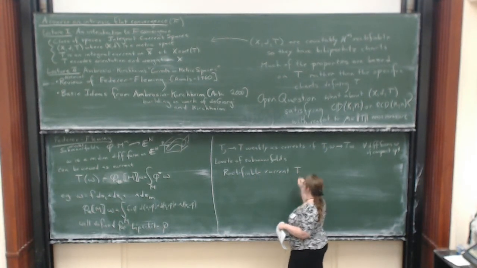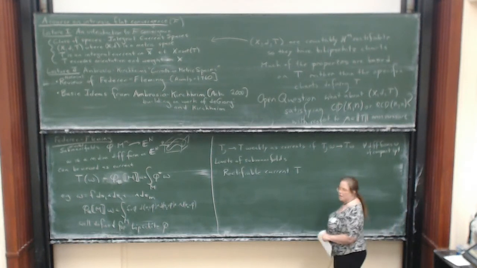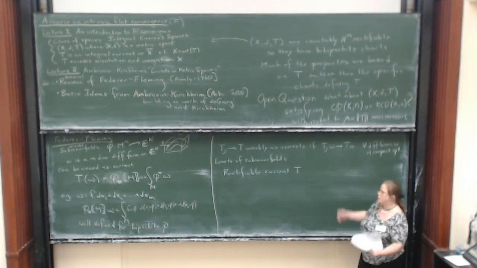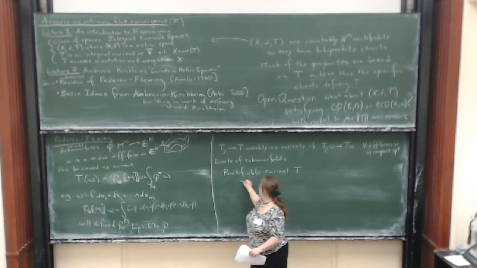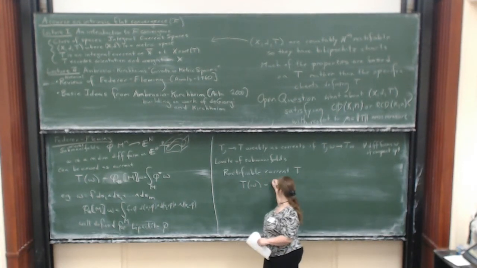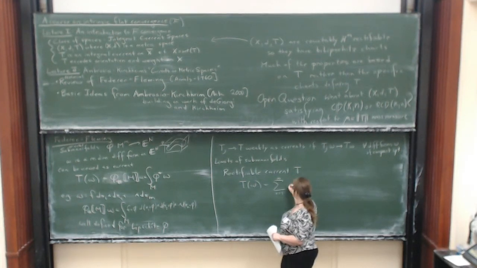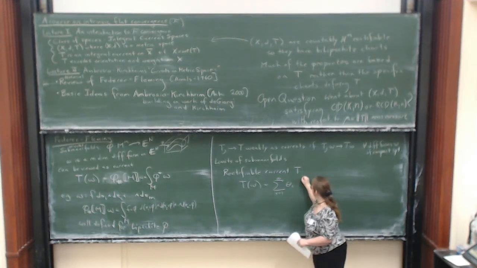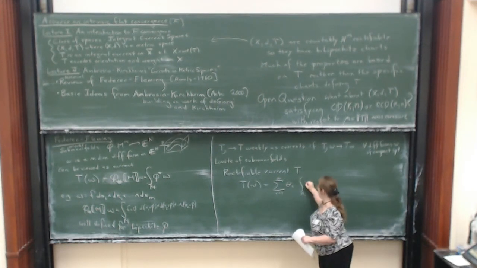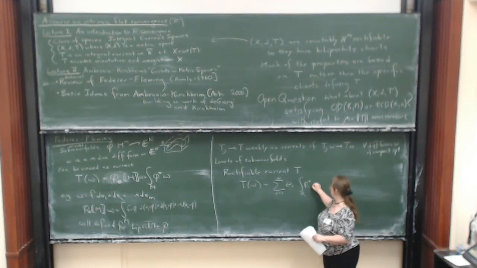T. So a rectifiable current T is one that's not made out of a submanifold, but made out of countable collections of Lipschitz images of charts. So T of omega is the sum from i equals 1 to infinity of some weight function theta_i, integrating over some A_i of the pullback by some chart phi_i of omega.